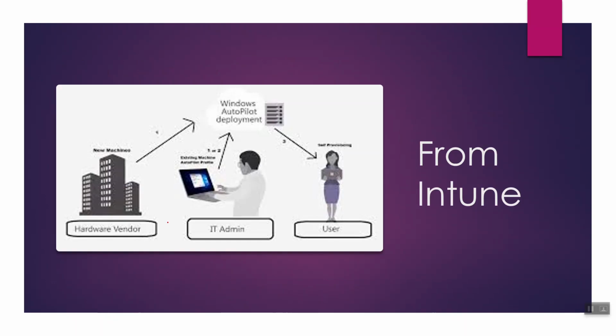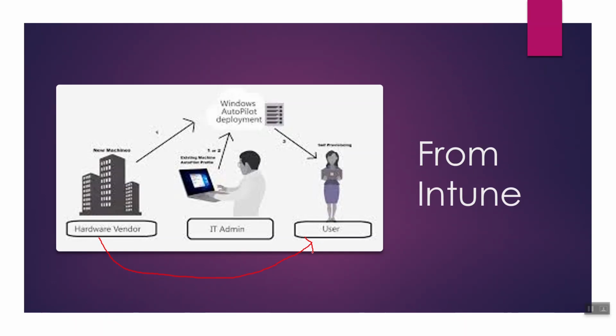so now let's talk about the flow. What exactly happens? The first thing that happens is that the device is shipped by the hardware vendor directly to the user. Gone are the days wherein a device was first sent to the IT.